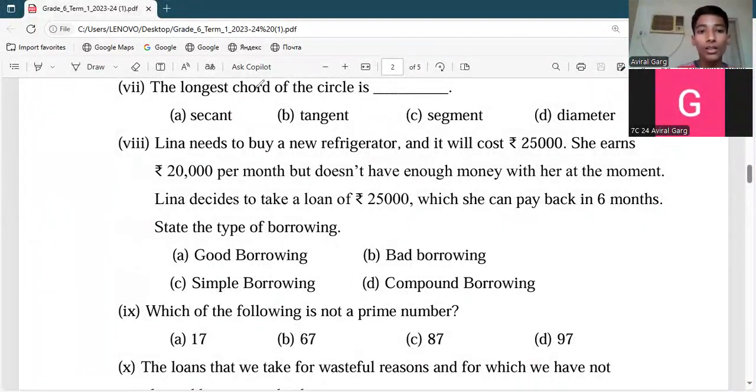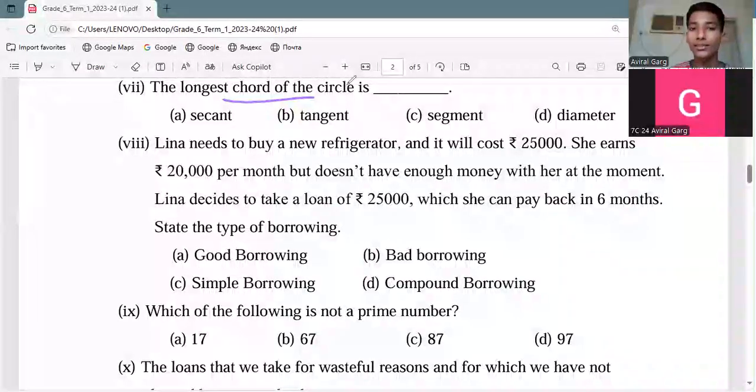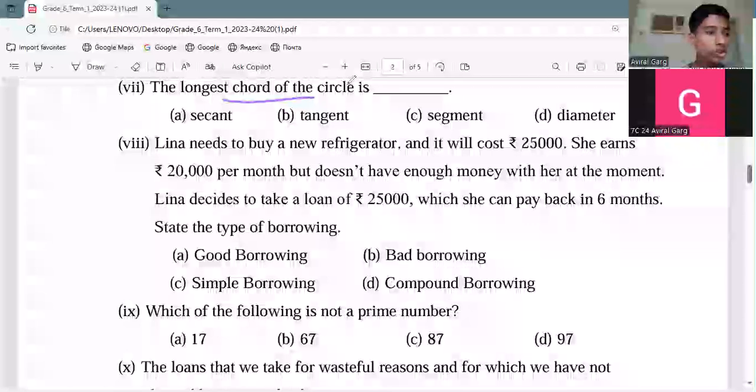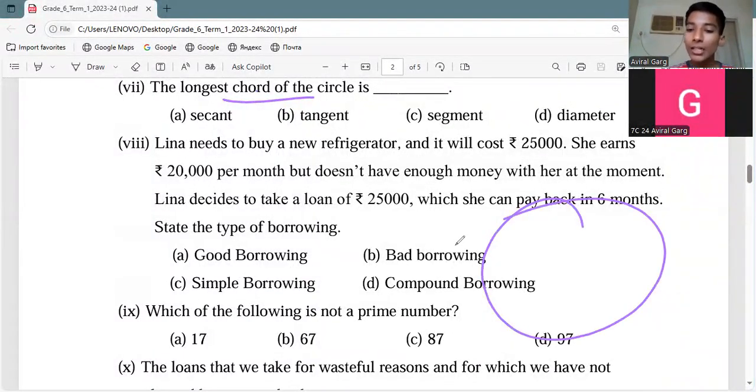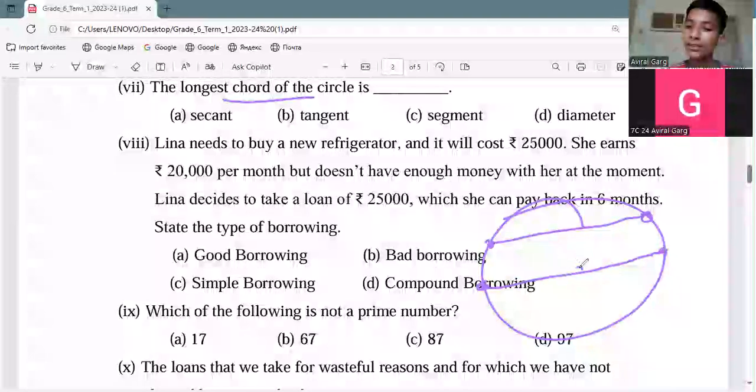The longest chord of the circle. What is a chord? A chord is a line joining 2 points on the circumference. This is a circle. This is also a chord. Supposing this is the center, this is also a chord.